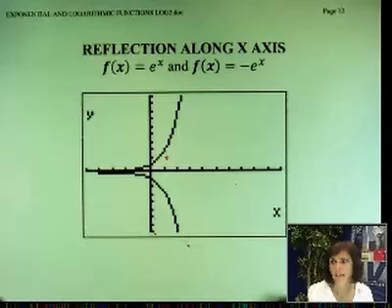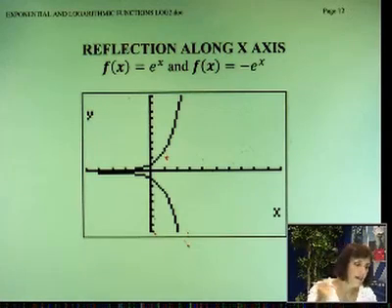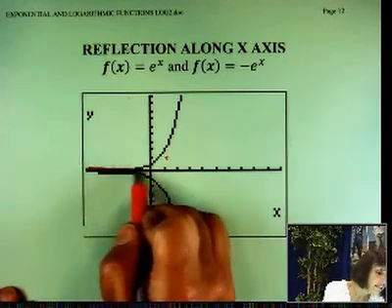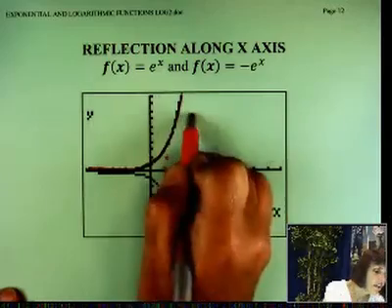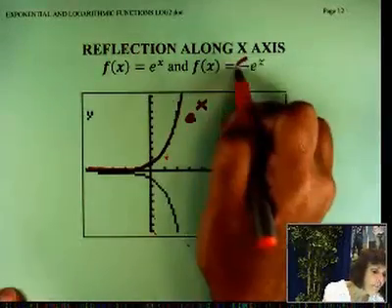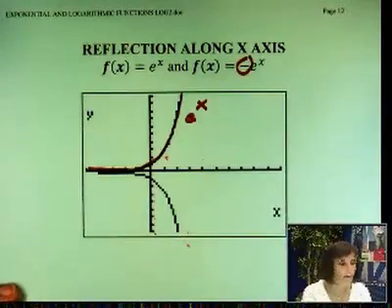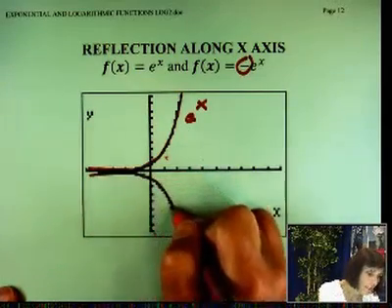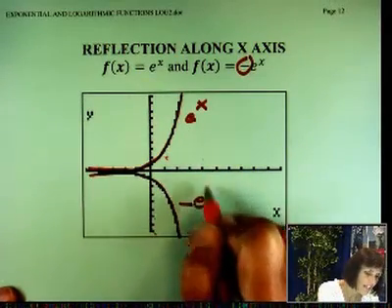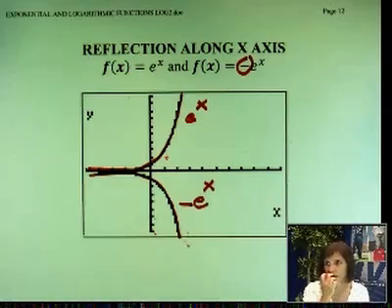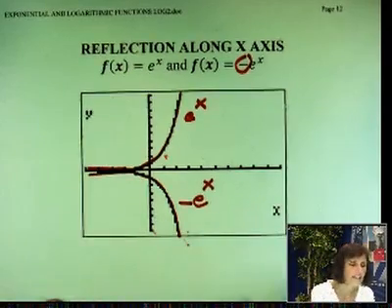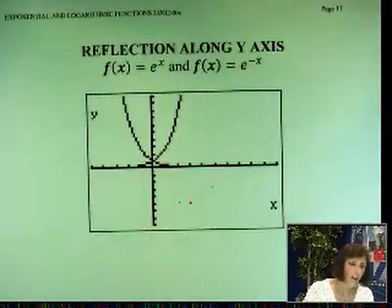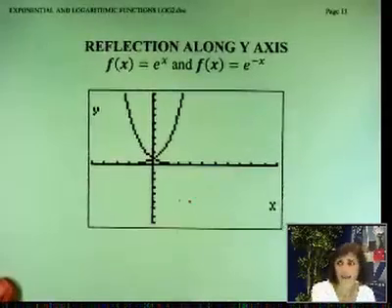Reflections. What does that mean? Along the x-axis. Here's my e to the x. Reflection happens when you put a negative in front of your function, e to the x. And this is negative e to the x. Does it make sense? Reflection along the x-axis. How about reflection along the y-axis?